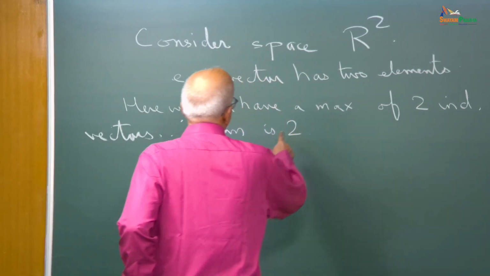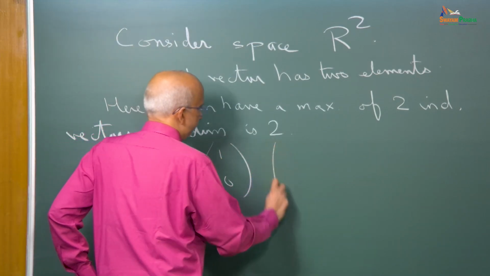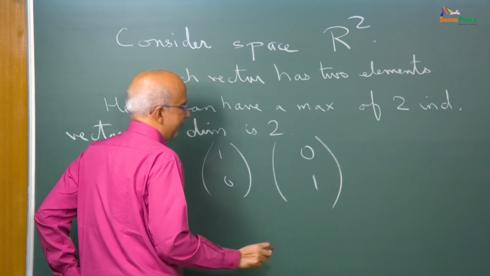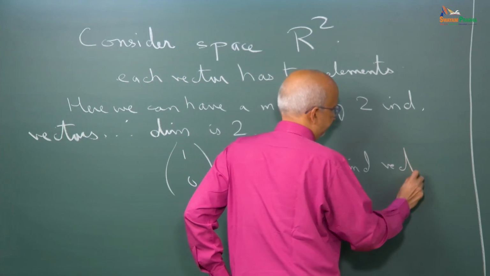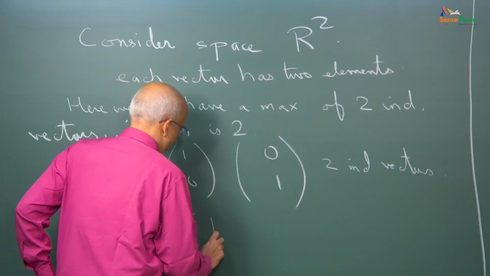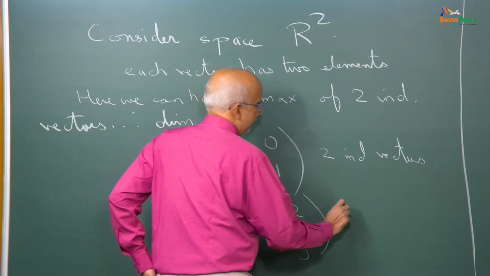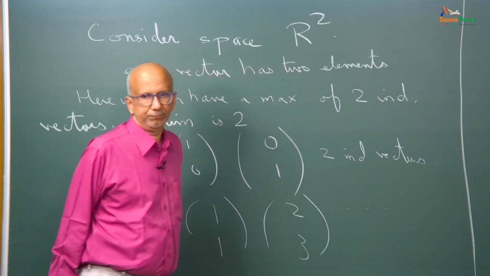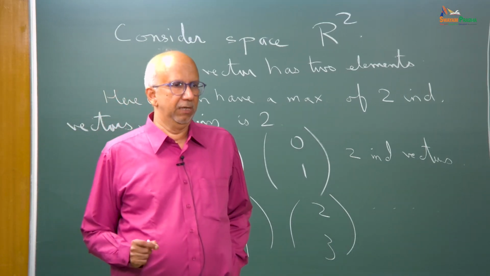So, I am saying here the dimension is 2, and for example, you can choose (1, 0) and (0, 1). These are two independent vectors. Or you can choose (1, 1) and (2, 3). These are also two independent vectors. What is the meaning of this?